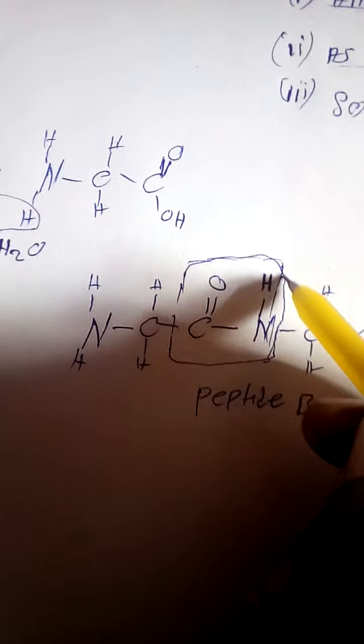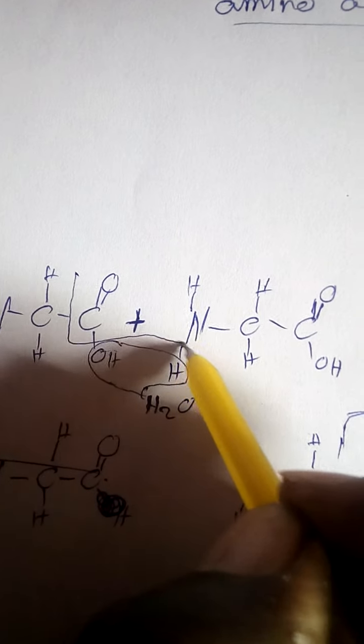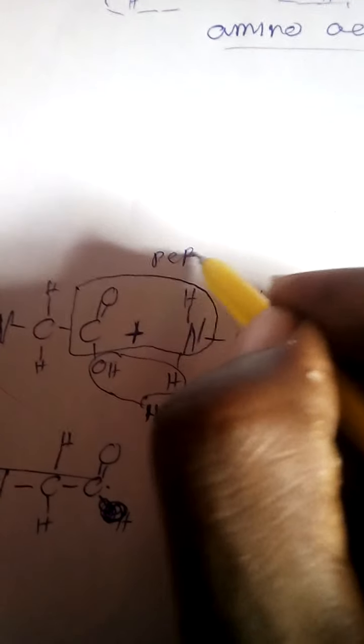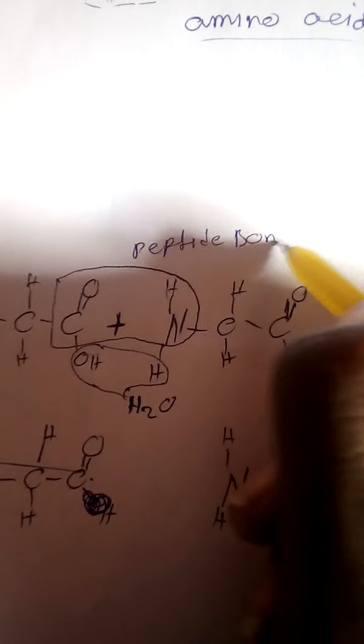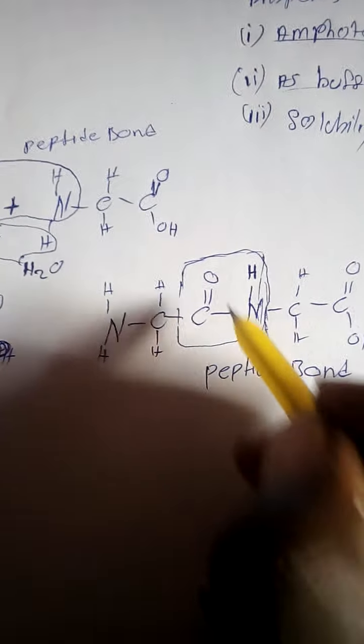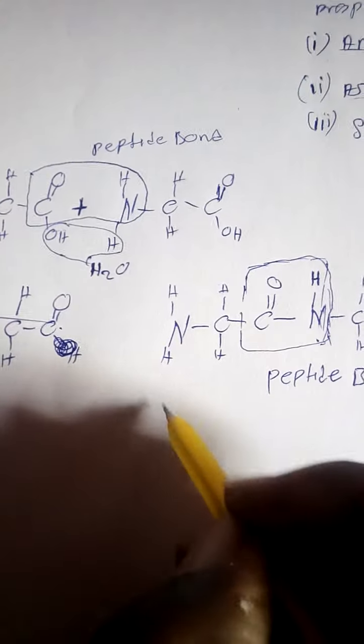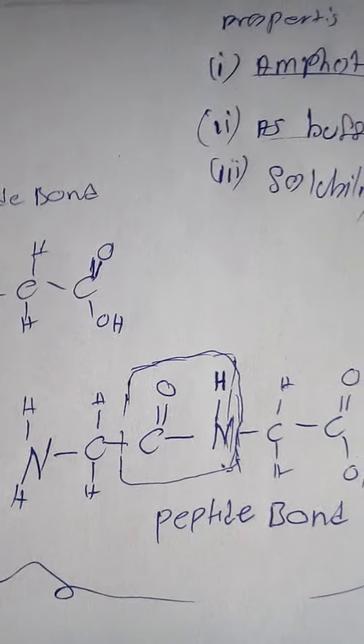When you look here, if I remove these two, what will remain is what you call a peptide bond. So this is a peptide bond, and this is the protein that will be formed from there.